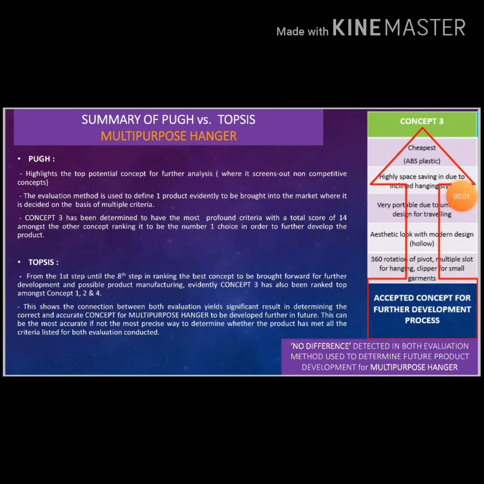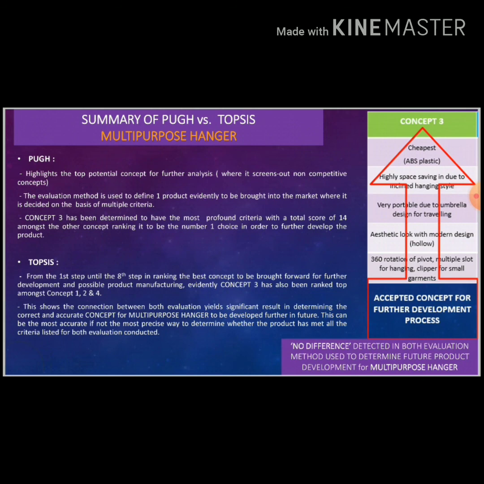Again and again, concept number 3 is mainly chosen and proven by Topsis or even the Pugh matrix as a good concept to work on, because it is the cheapest, it is based on ABS plastic, it has good features, and is highly space saving due to the inclined hanging style. Of course, it is very portable due to the umbrella design for traveling, so it can cater to frequent travelers as well.